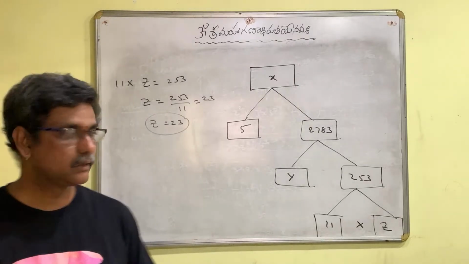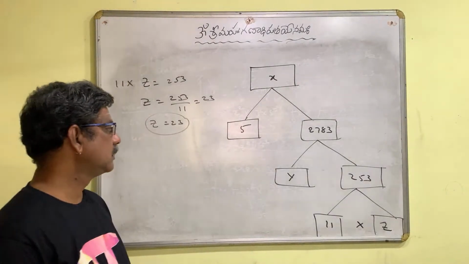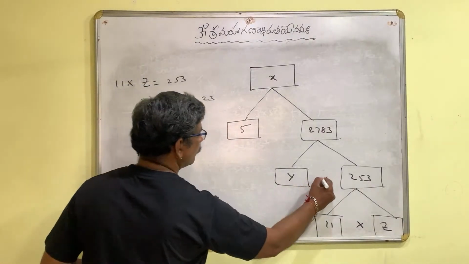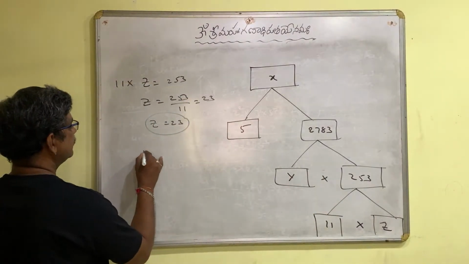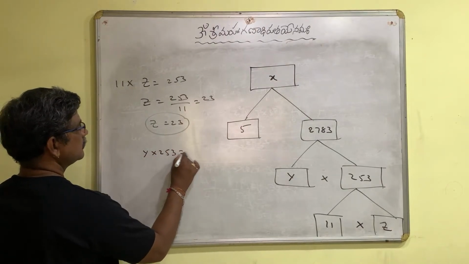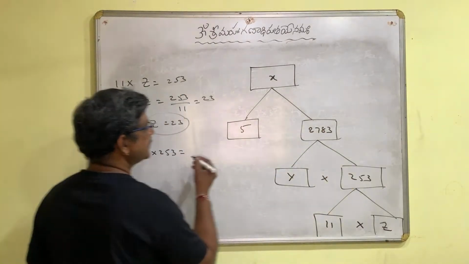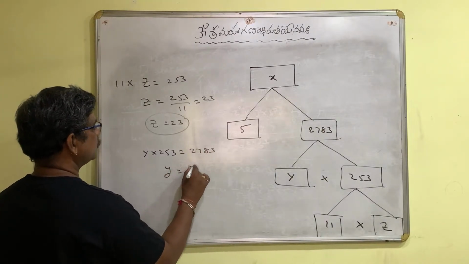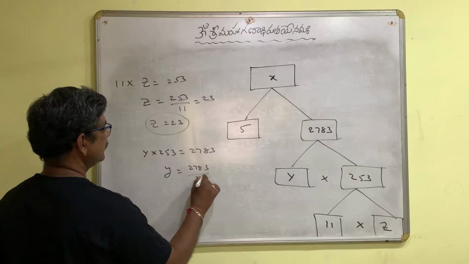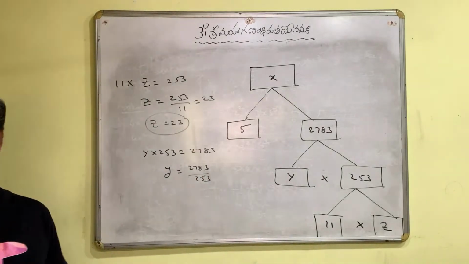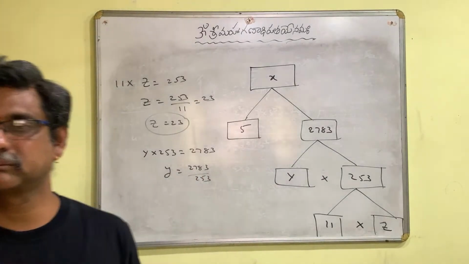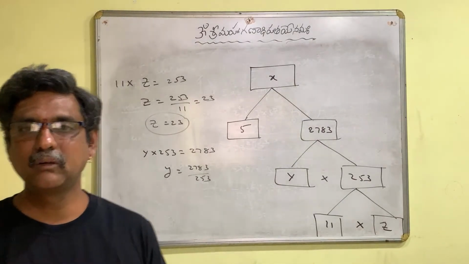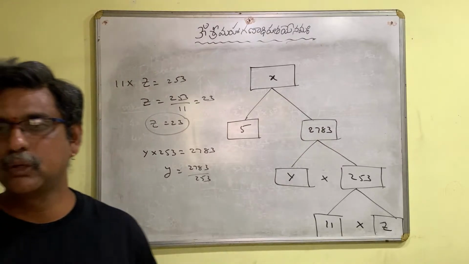Okay, children. Now, how to find out Y? Y into 253 is 2783. Then Y is equal to 2783 by 253.